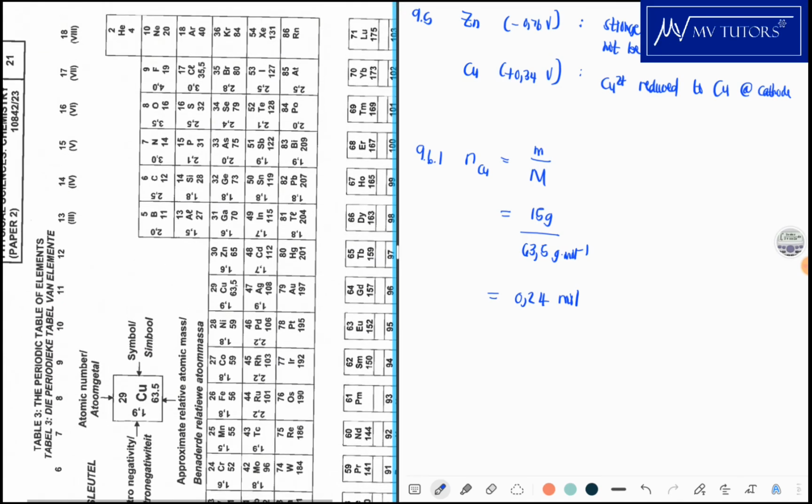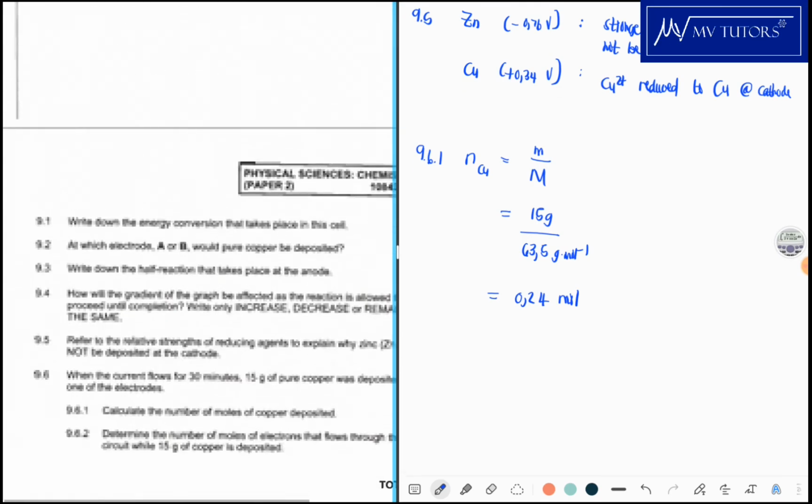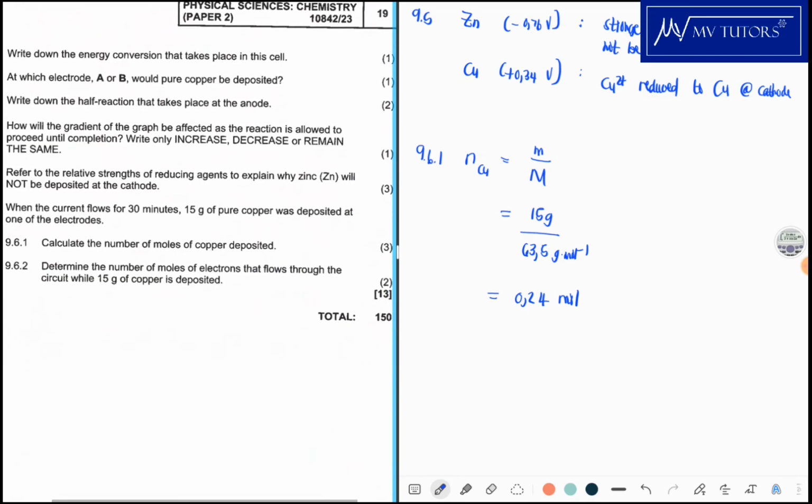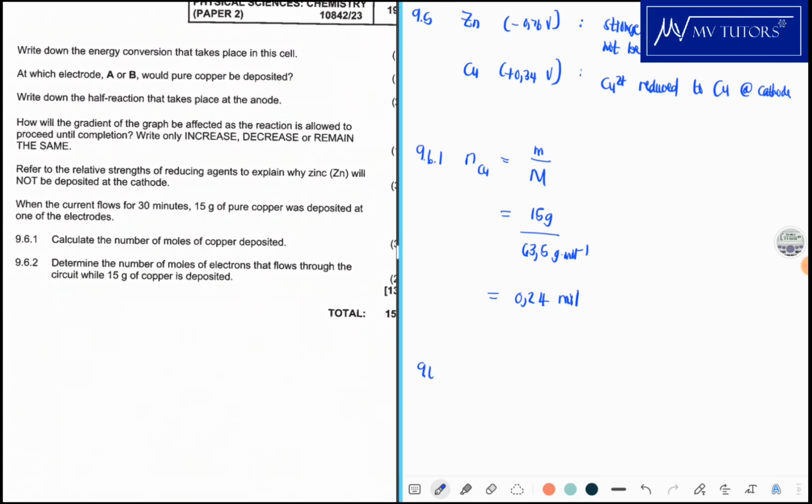Okay, let's go back to our question. Now the absolutely last question, and that was 3 marks. 9.6.2, determine the number of moles of electrons that flow through the circuit while 15 grams of copper is being deposited.